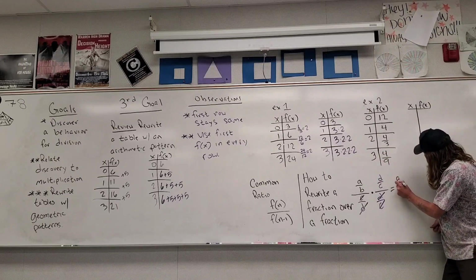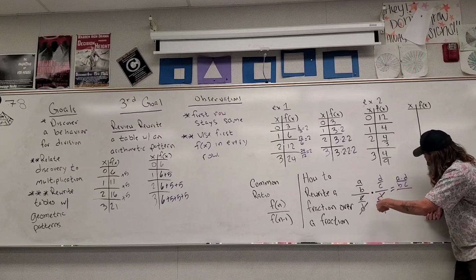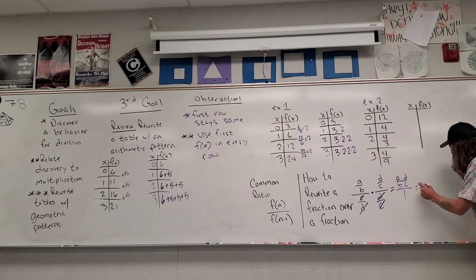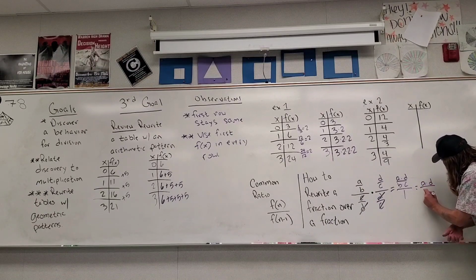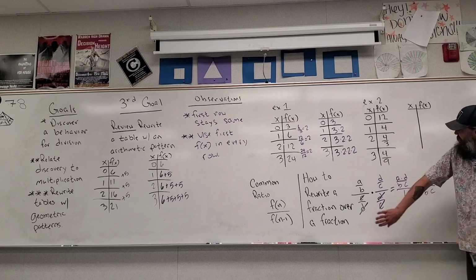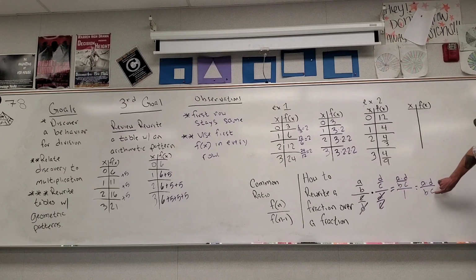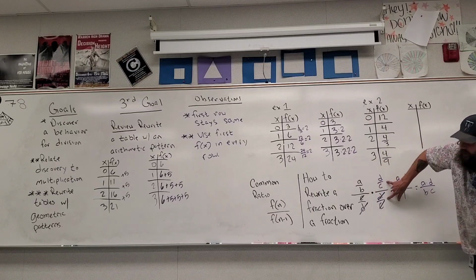So now I get A times D over B times C, and this all turns into 1, and I can get rid of that 1, and I now have the following fraction. A times D divided by B times C. Now I do not have a fraction over a fraction. I have one fraction, and again I got rid of the fraction over the fraction by technically multiplying it by the number 1.